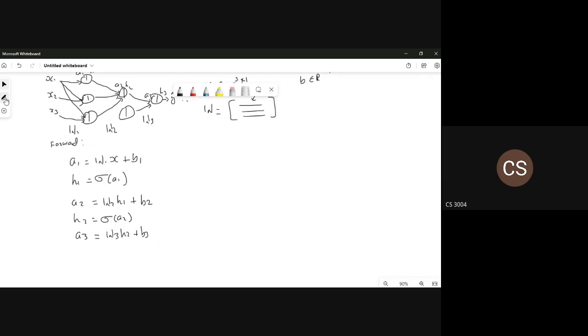And then finally we have an output. We denote this as y hat, which is H3, which is sigmoid of A3. Again, to keep things simple, I just consider a sigmoid neuron instead of softmax with multi-class classification. The things are generalizable anyhow.